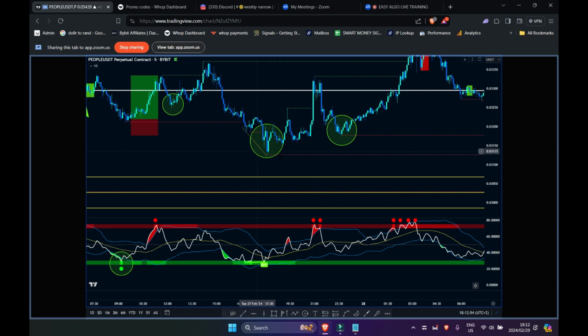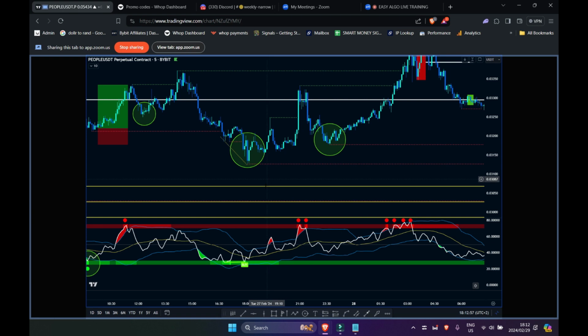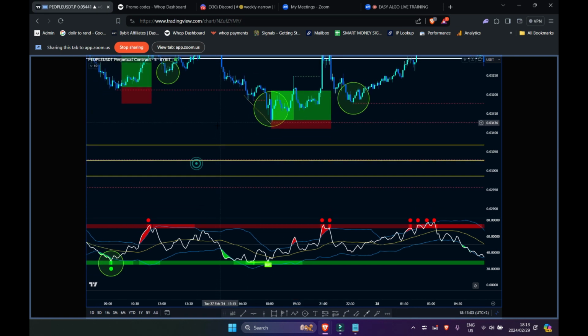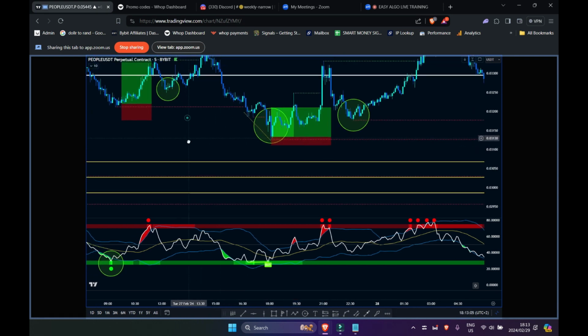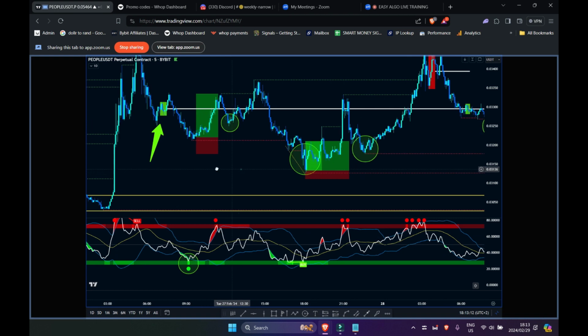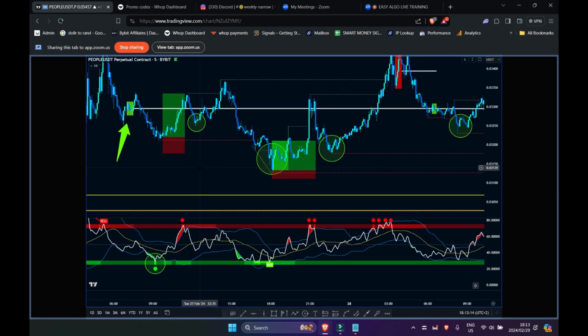So this divergence could have been a strong sign to enter into this long position. Because remember, guys, our context is sorted. We know we're above this weekly pivot, which means we are bullish. Until price gets below this weekly pivot, my bias is bullish, and therefore I'm looking for long entries.